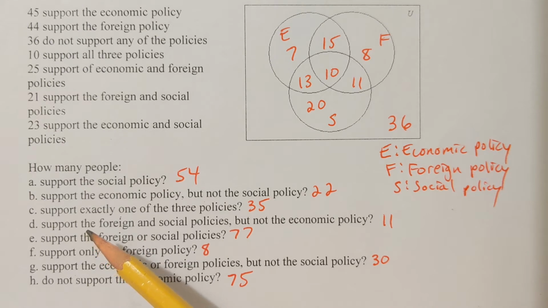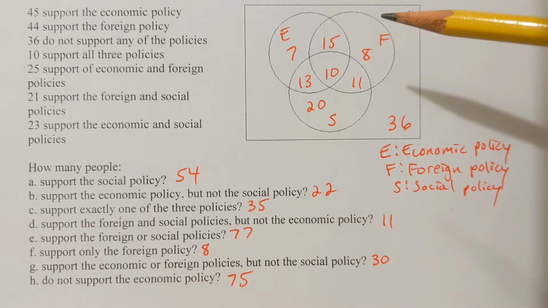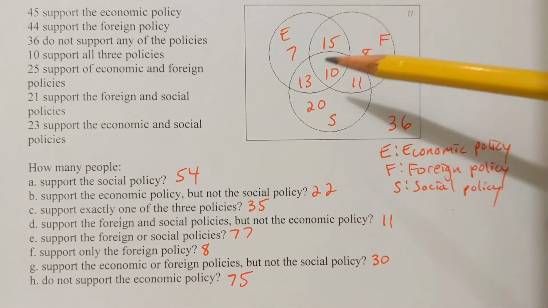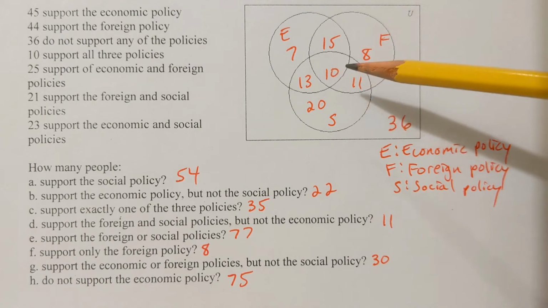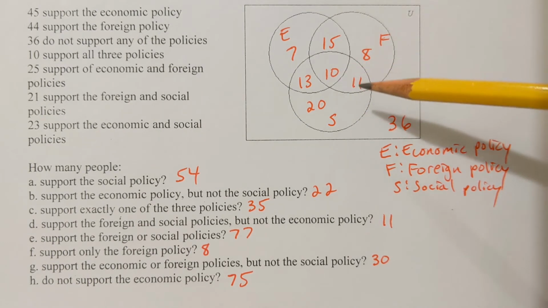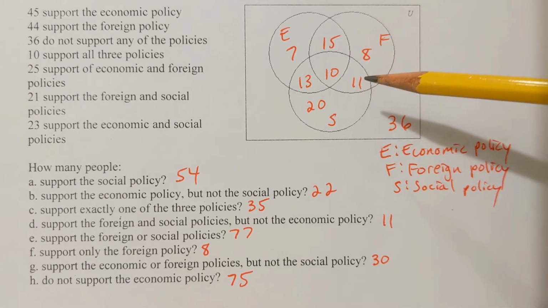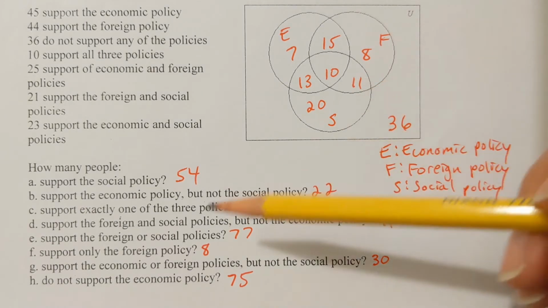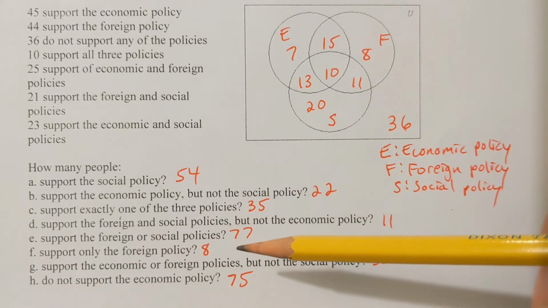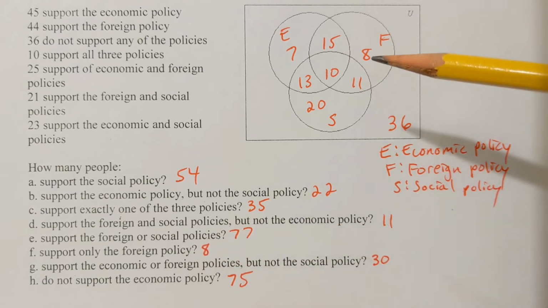Part D, how many support the foreign and the social policies but not the economic policy? Foreign and social, not the economic policy, means I disregard this 10 there, so 11 people support the foreign and the social, but not the economic policy. How many support the foreign or social policy? Or would be a key word.